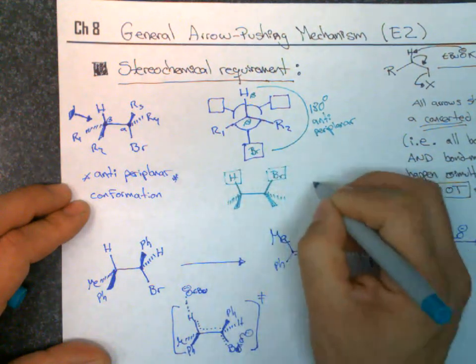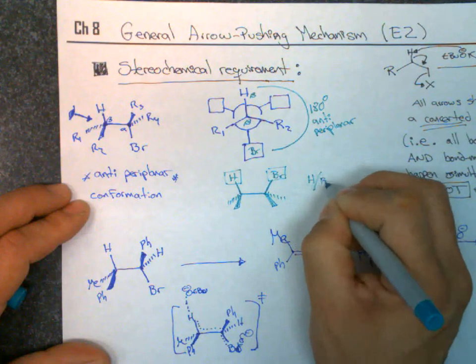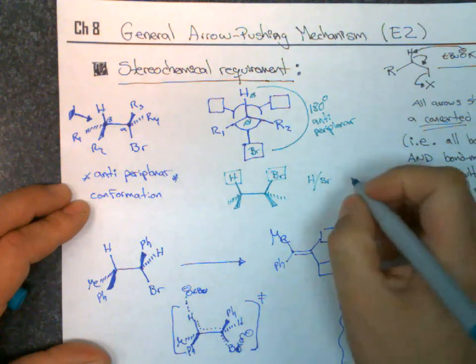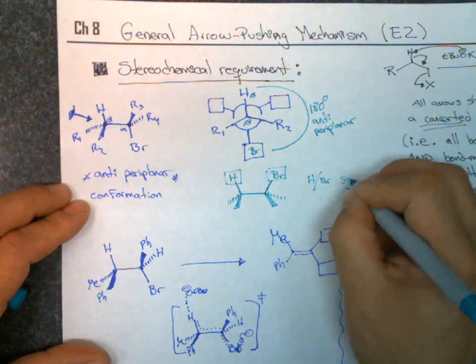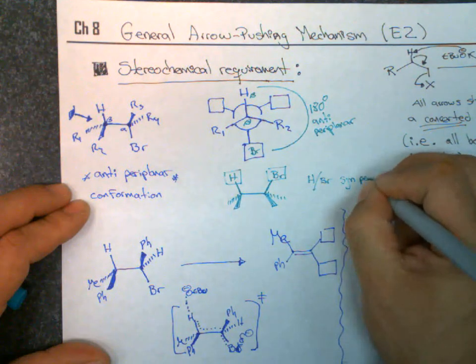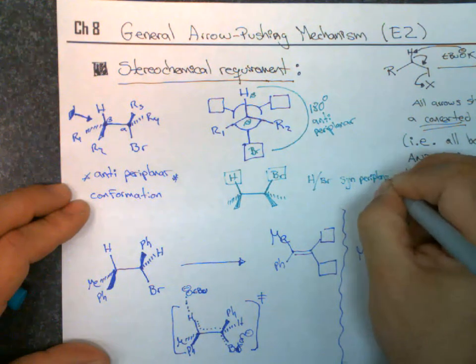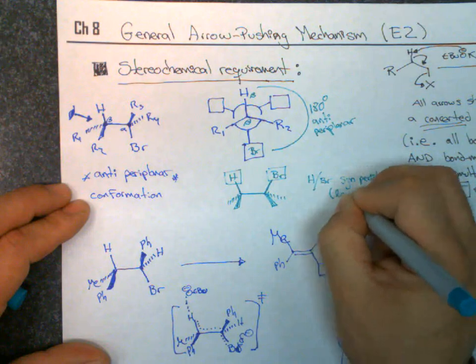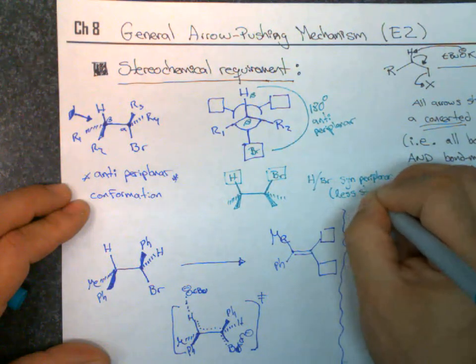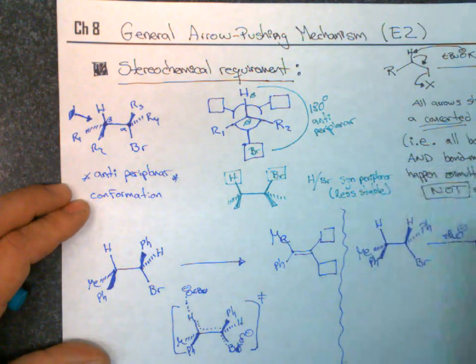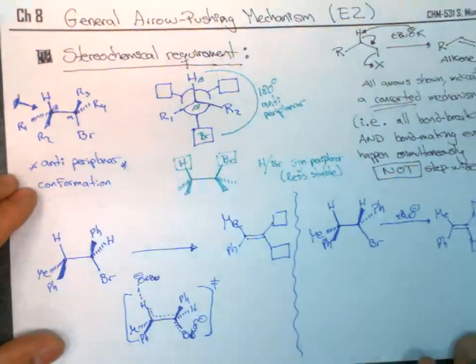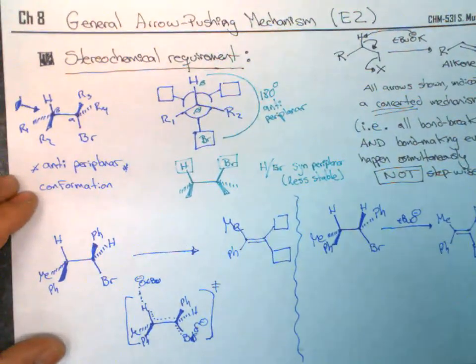In this other conformation, H and Br, they're not anti-periplanar, but they're syn periplanar. And this is a less stable conformation when compared to the anti-periplanar.